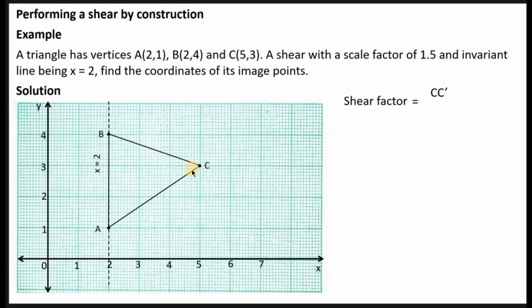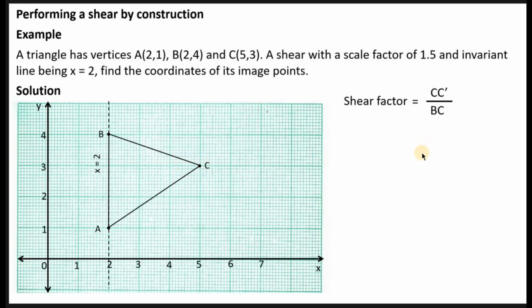So that distance between these two, divided by the distance of the object point from the invariant line. If I say BC, it doesn't mean I'll measure this distance like BC. I'll measure this distance from this point perpendicularly to the invariant line. So the distance here.